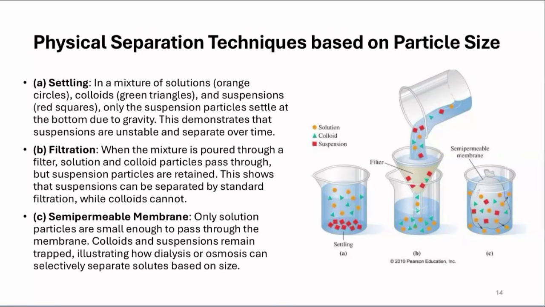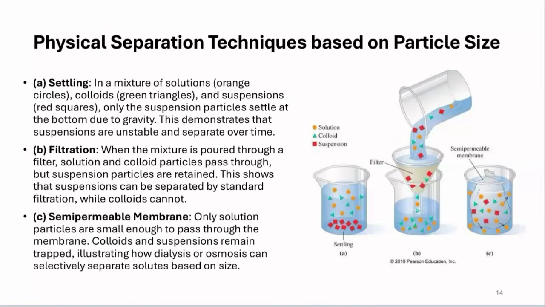Lastly, we have a semi-permeable membrane. Only solution particles are going to be small enough to pass through the membrane of a system. So if we have a membrane which contains either solutions, colloids, or suspensions, the membrane will retain inside of the bag, as you see in the last illustration, colloids and suspensions, because their particle sizes are larger.